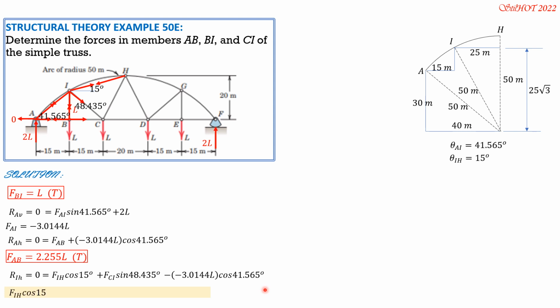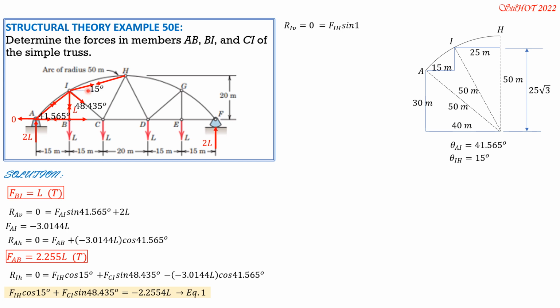Simplifying, FIH cosine 15 plus FCI sine 48.45 equals negative 2.2554L, because this is negative when transposed to the right. Call that equation 1. Then summation of vertical forces equals 0.